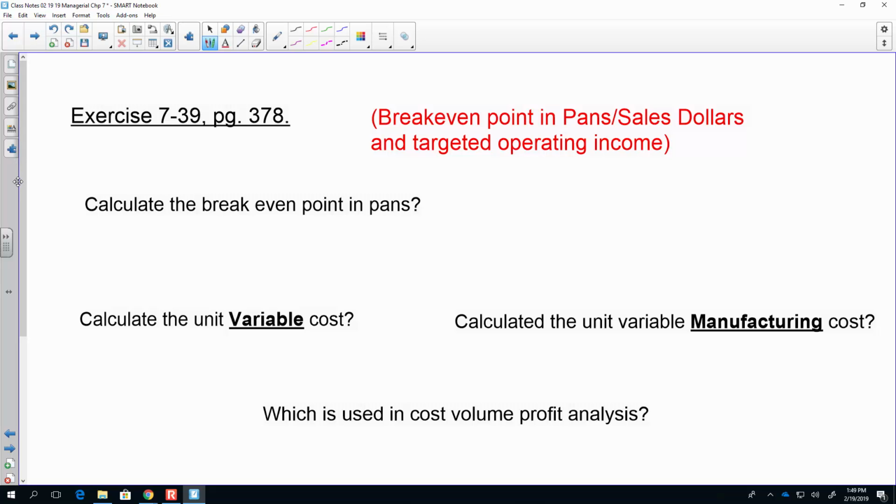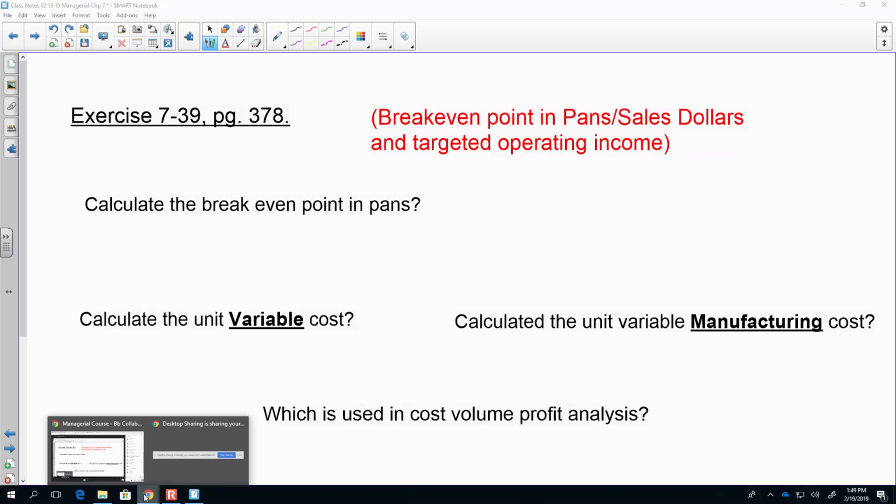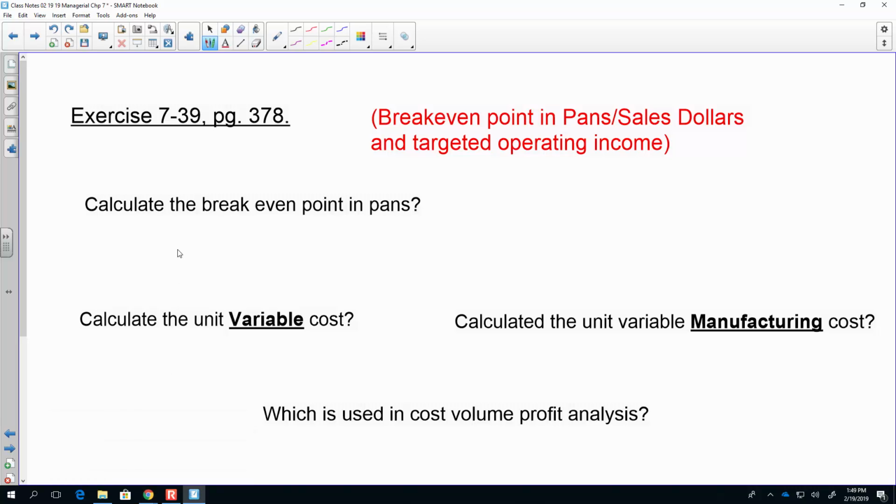Let's try an example. Exercise 39. Always good to do a little practice. On page 378 of our textbook.